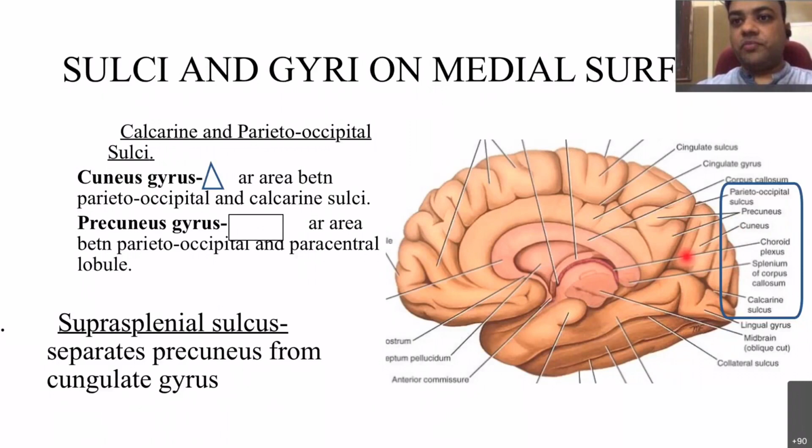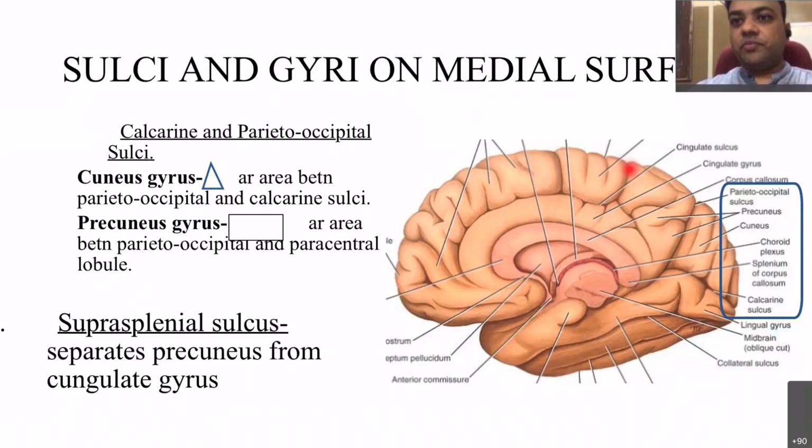Then there is another gyrus known as the precuneus gyrus, anterior to the parieto-occipital sulcus. So it is between the parieto-occipital sulcus and the paracentral lobule. If you remember, I told you that there is the medial extension of the central sulcus from the lateral surface to the medial surface, and around that, the part of the cortex is known as the paracentral lobule, controlling the bowel-bladder movement.